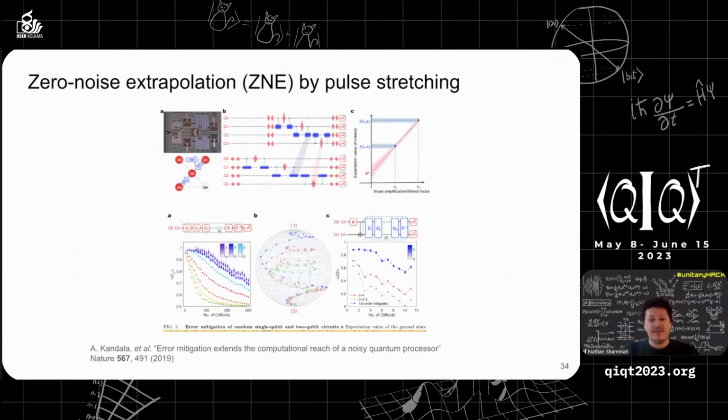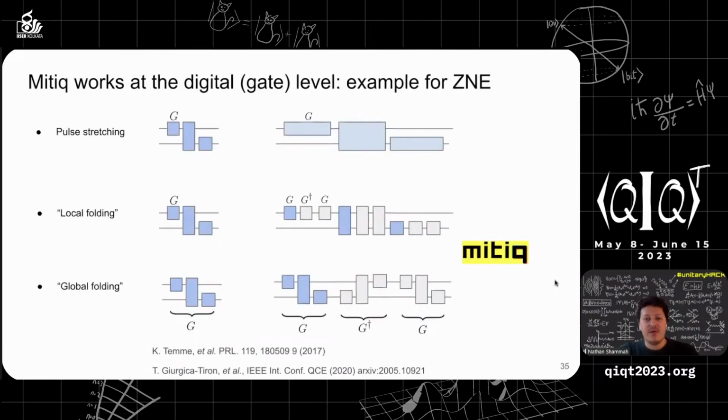But, and this is like some results from the IBM paper that showed this, I will just go quickly here. And this pulse stretching actually is not always implementable on all quantum processors.